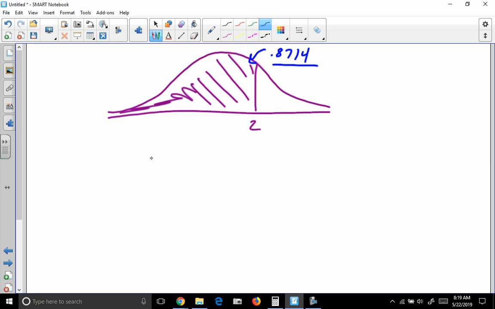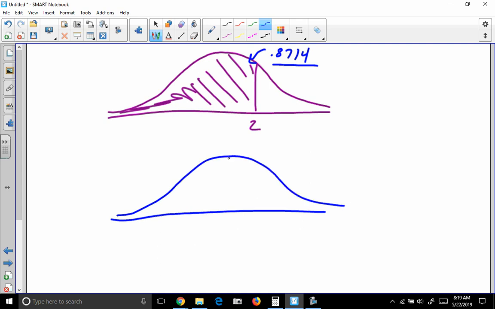Now, keep in mind that our distribution is normal, it's symmetric. So if we have an area of 0.5, the area to the left of the middle is 0.5, to the right of the middle is 0.5.